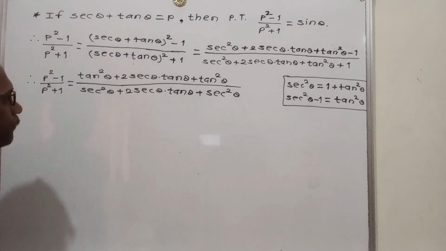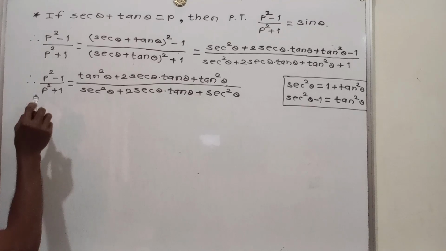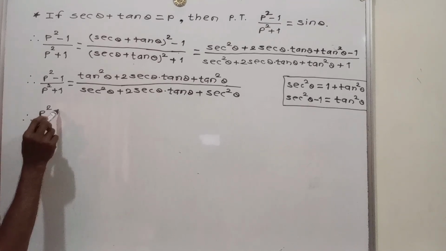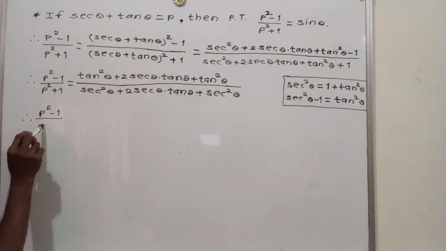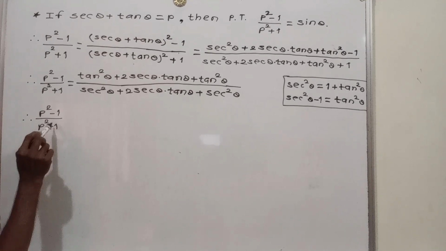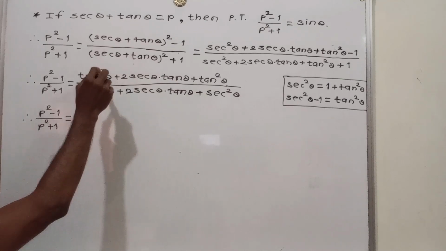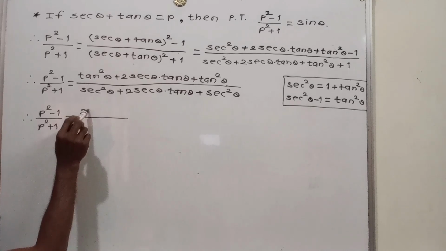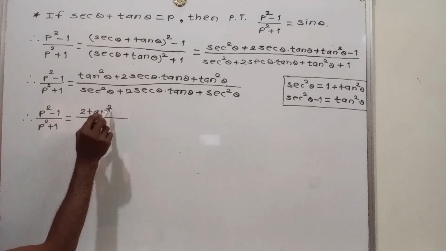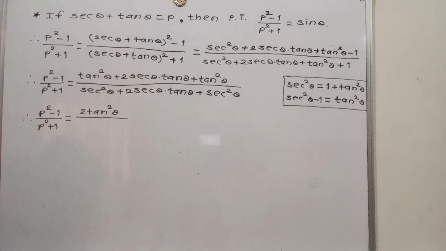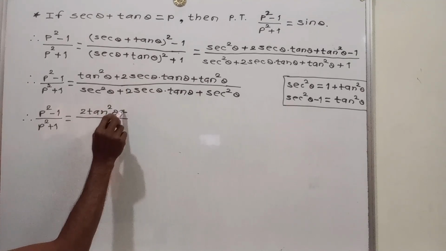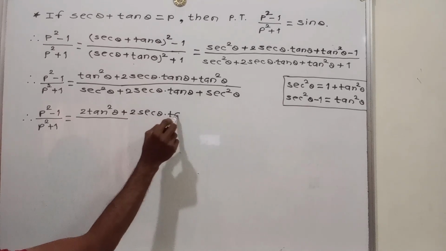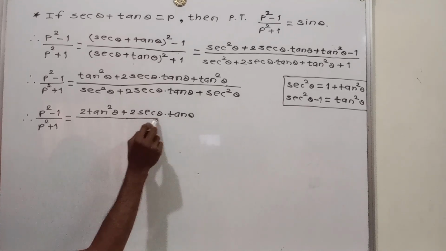Now here, see this. P square minus 1 upon P square plus 1 is equal to tan square theta plus tan square theta, which means 2 times tan square theta, plus 2 sec theta into tan theta.